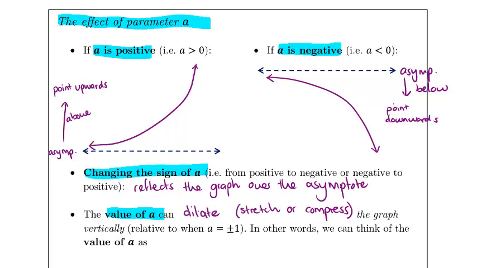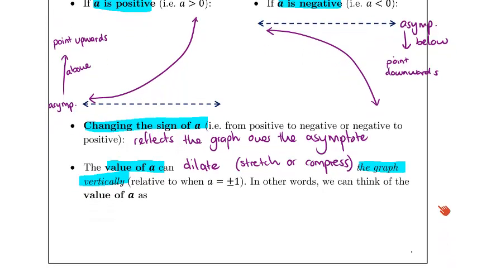It can dilate, i.e. stretch or compress the graph vertically relative to when a is equal to plus or minus 1. In other words, guys, we can think of the value of a as determining the steepness, or rather how gradual the steepness of a graph is.